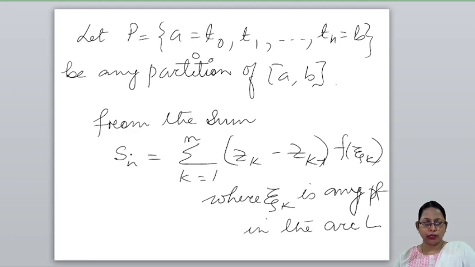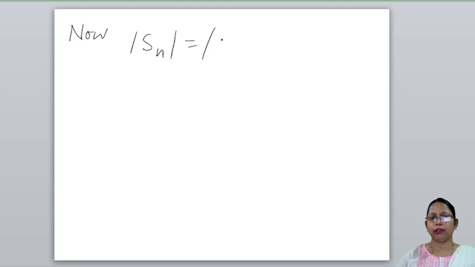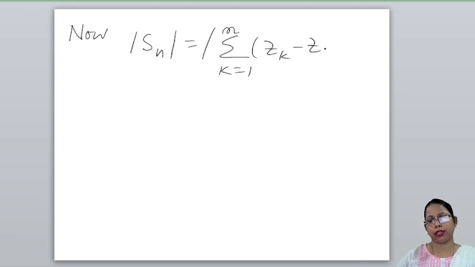Now take modulus on both sides. We will get modulus of Sn equal to modulus of the sum over k from 1 to n of (zk minus zk minus 1) f of chi k.